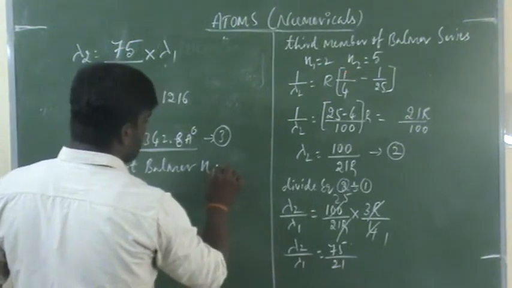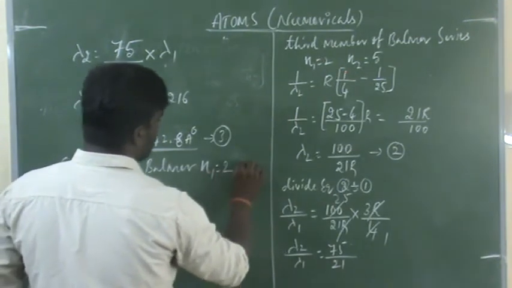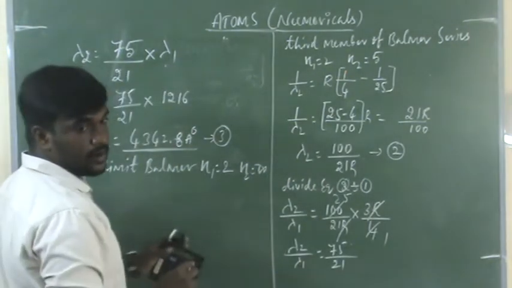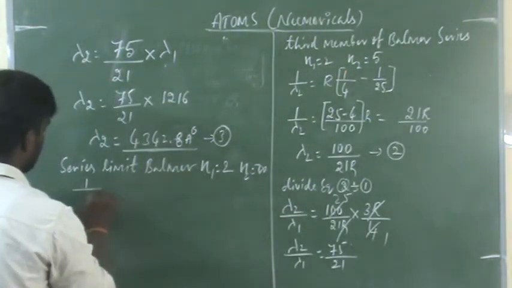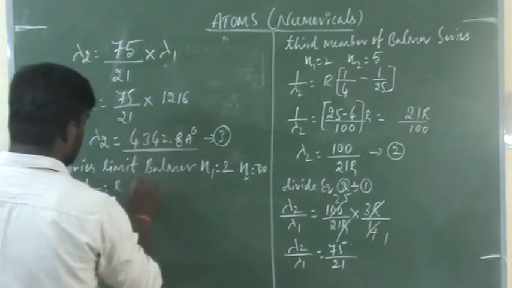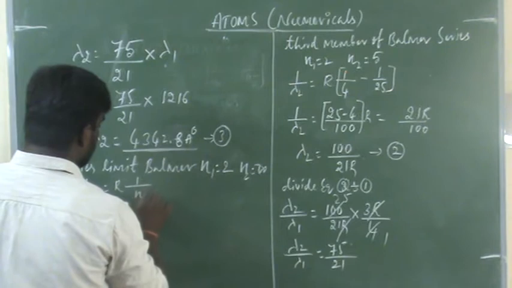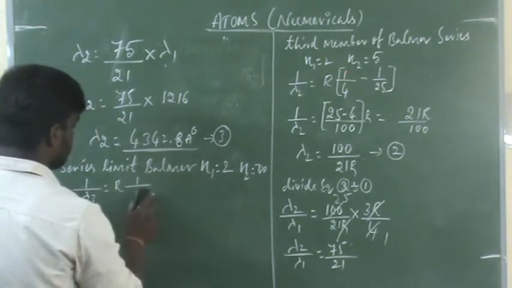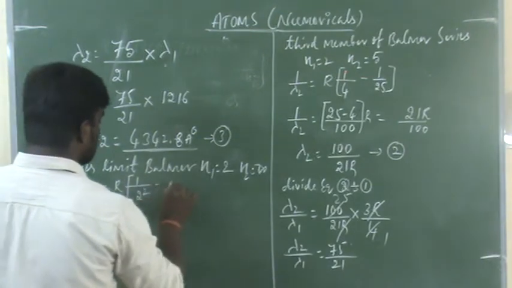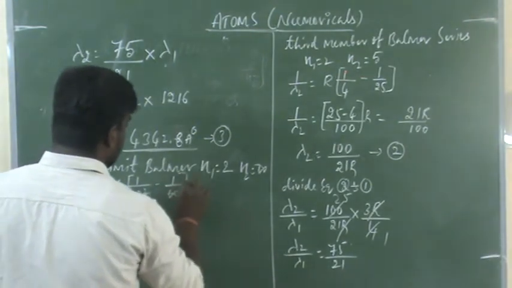For the Balmer series, n1 equals 2 and n2 equals infinity. Taking the series limit, substitute that value: 1 over lambda 3 equals R into 1 divided by n1 square, 2 square, minus 1 by infinity.